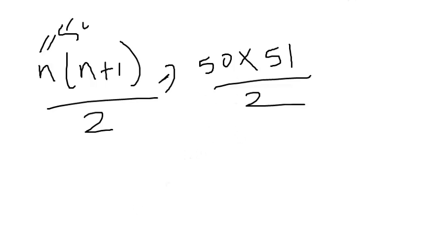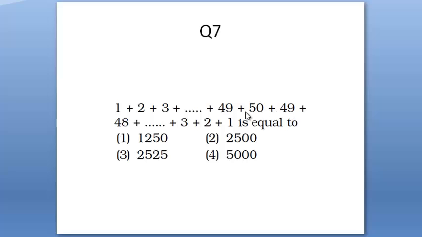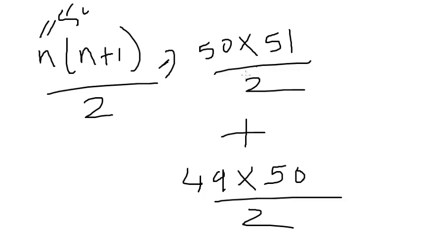For the next part, we did up till 50, so the next part is from 49 till 1, so 1 till 49. So your n is 49, so it's going to be 49 into 50 by 2. We have to add these two, 50 into 51 by 2 plus 49 into 50 by 2, and this will give you the correct answer.